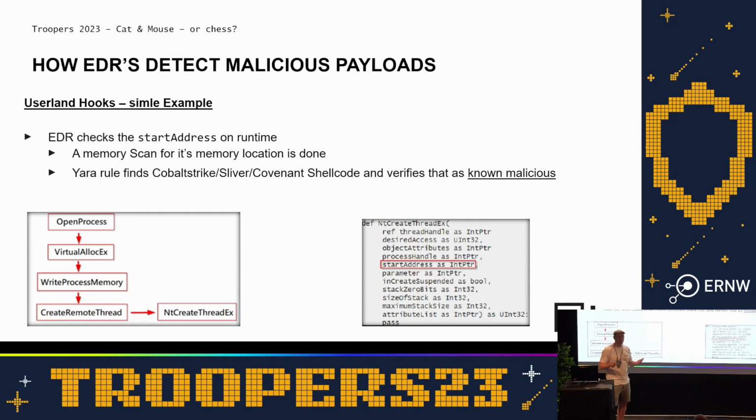And if it finds some known malicious code, like, for example, a Cobalt Strike beacon, Sliver beacon, Covenant shellcode, or whatever, then it can say at runtime, okay, this function is not called at all, but instead I found malicious code, I will kill this process now. And this is what they are doing in the very end. I think this may have become a bit more understandable if you didn't fully understand it before.